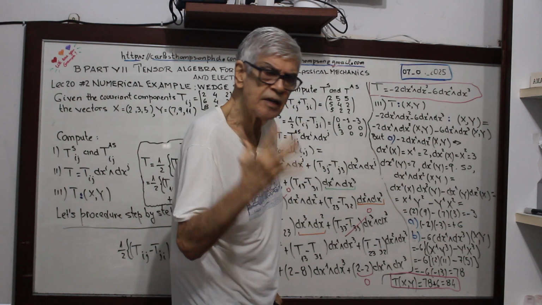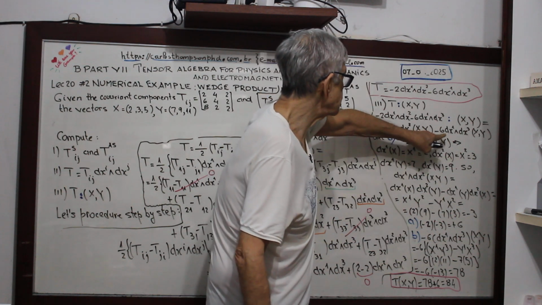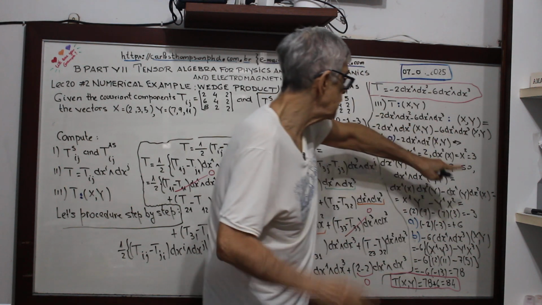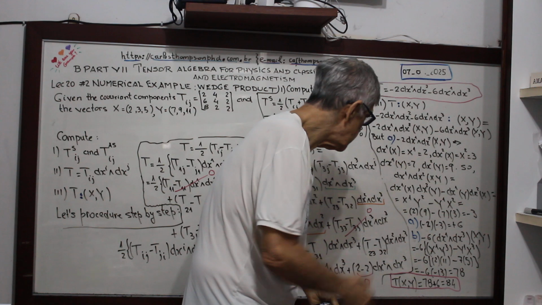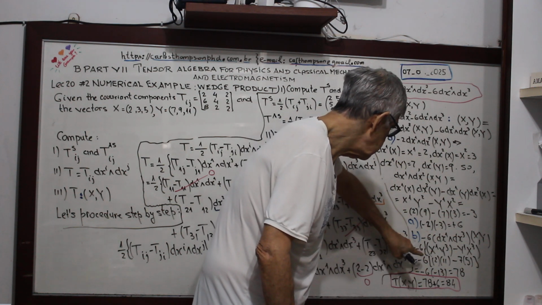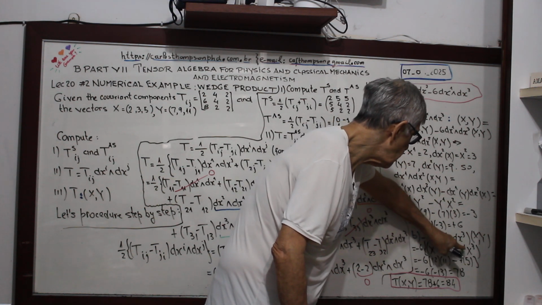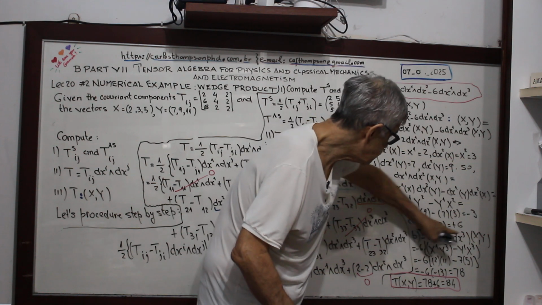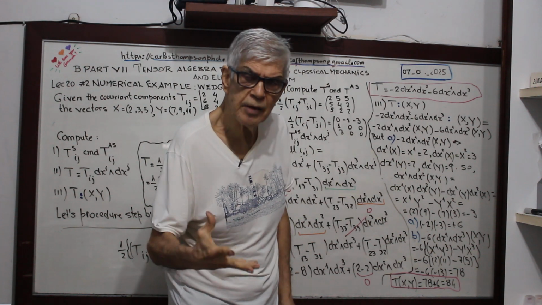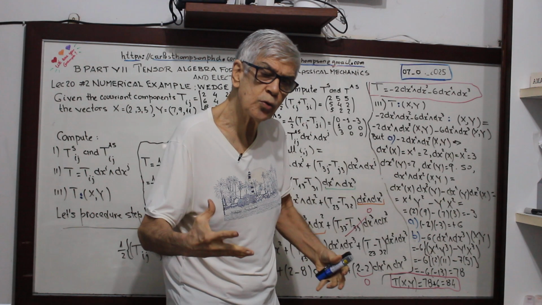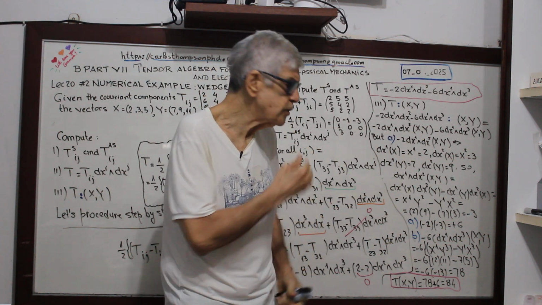The same applies similarly for item B. Item B is minus 6 dx1 dx3, acting on x and y. It is exactly analogous. So this will be minus 6 times (x1 y3 minus y1 x3). Again, I have to use the determinant just to ensure antisymmetry, as I emphasized in previous lectures.